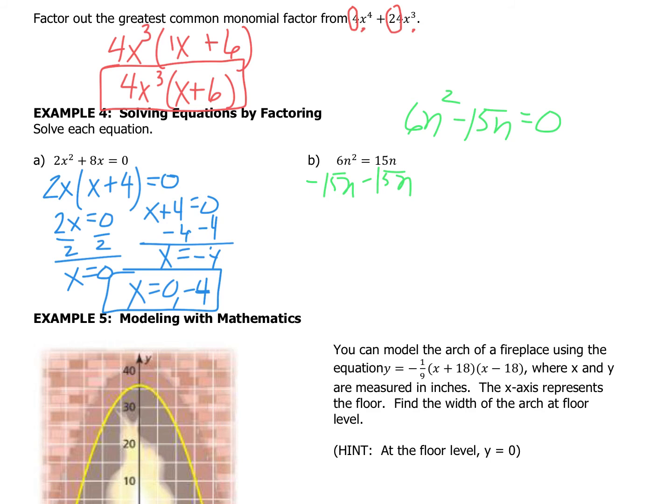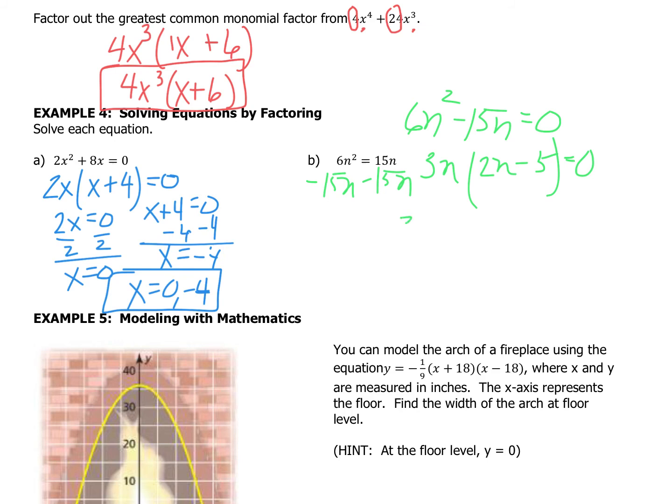So what is the greatest common factor of those two terms? Well, I can see 3n as the greatest common factor, leaving me with 2n minus 5.